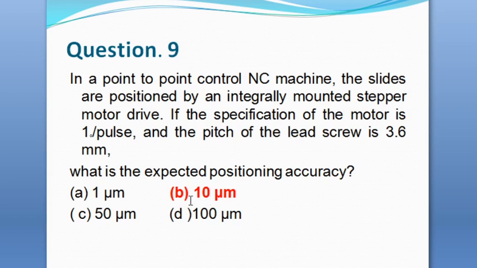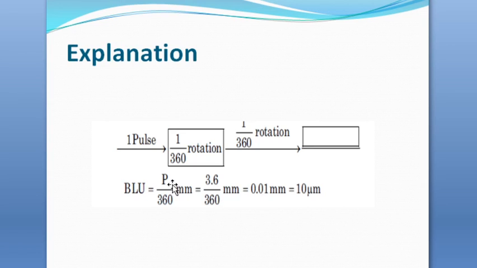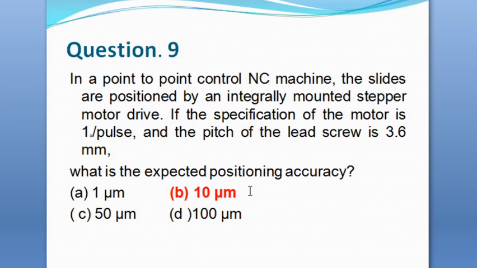The option is 10 microns. This is the formula, pitch divided by 360, for finding the linear movement of the machine table. For receiving 1 pulse, for rotating 1 degree, the table linear movement is 10 micron. This is the positioning accuracy of the table, 10 micron.